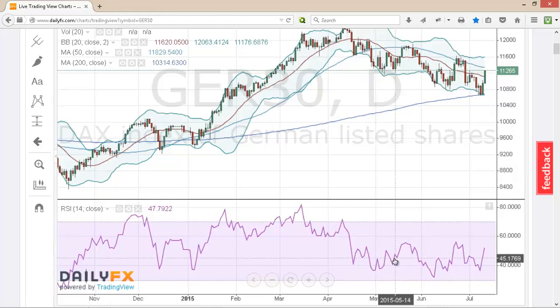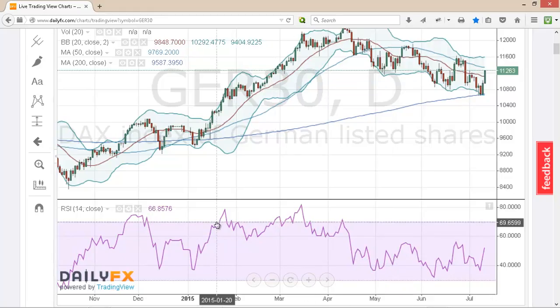So essentially, say you have a share and you go, oh, I love this share, it's great, it's going to go up and up and up. Ideally, what you want to do is buy that share when the RSI is down at 40.